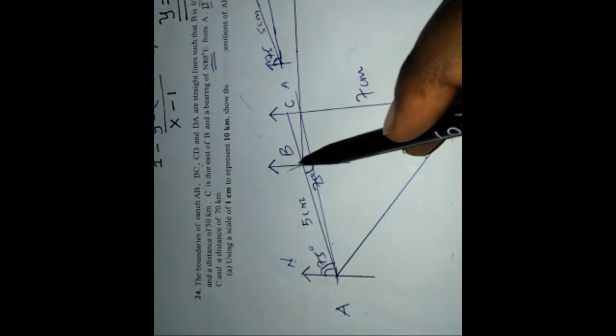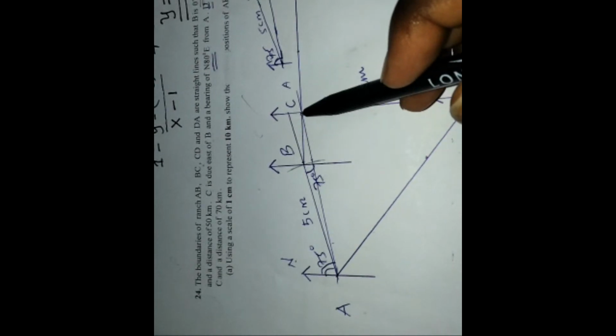From the scale drawing, determine the distance in kilometers between B and C. You just need to measure this distance in centimeters, then you multiply by the scale, which is 10. That is how we get the distance.